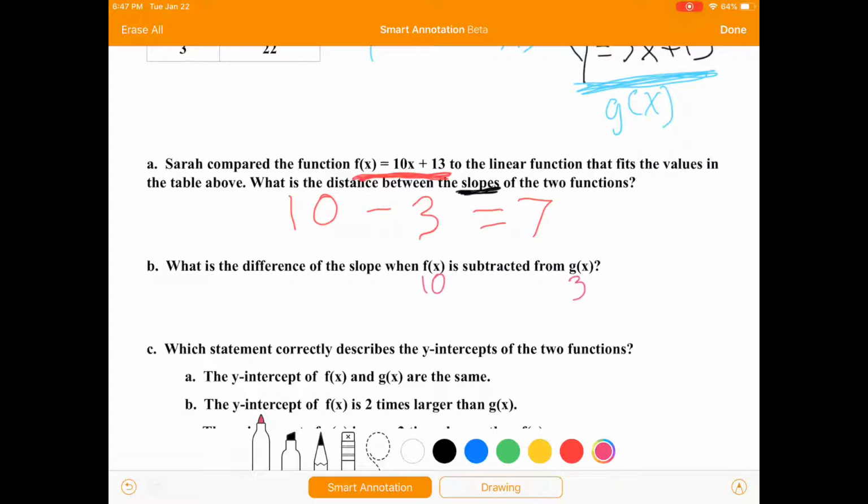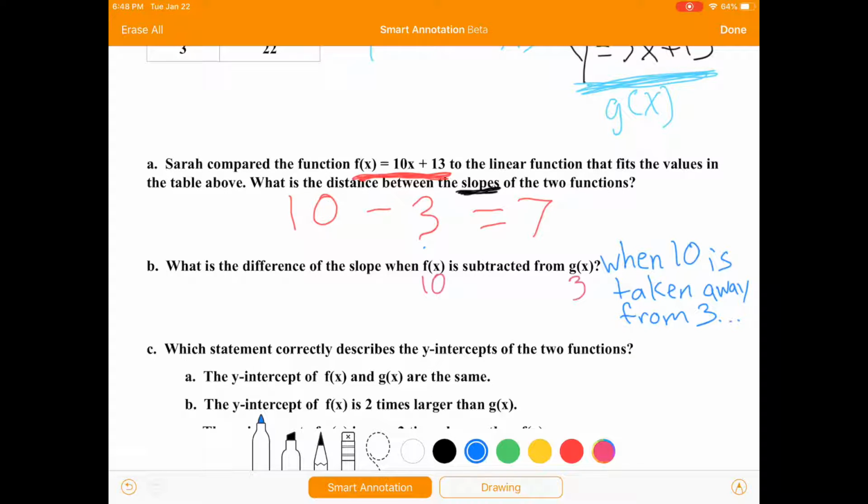Or another way that you can rewrite this is saying 10 is taken away from 3. That's another way that you can say that question.